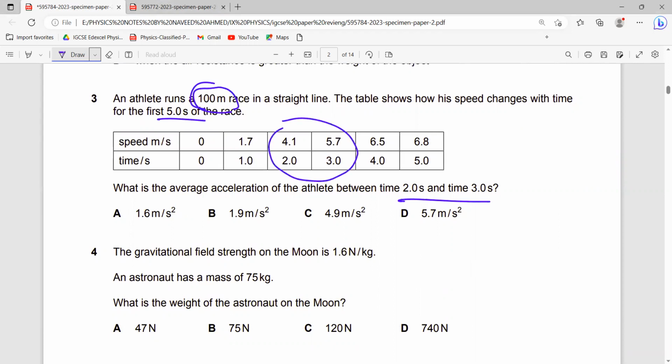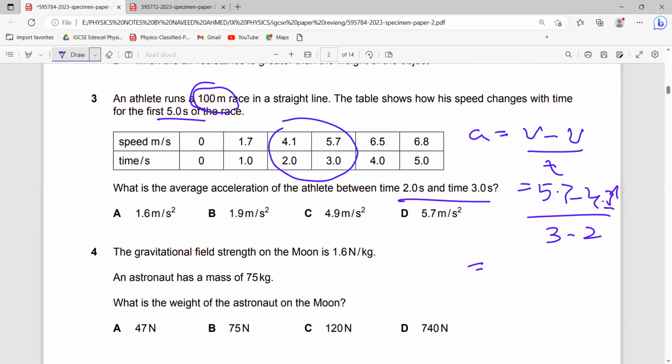You will use the formula: acceleration is equal to final velocity minus initial velocity divided by time. Here 5.7 is taken as final velocity, 4.1 is taken as initial velocity, and 3 minus 2 is the time. When you solve it, you will get about 1.6. So A is the right option.